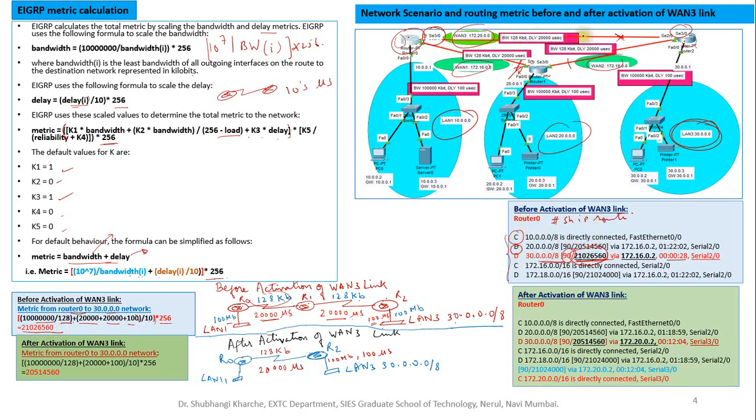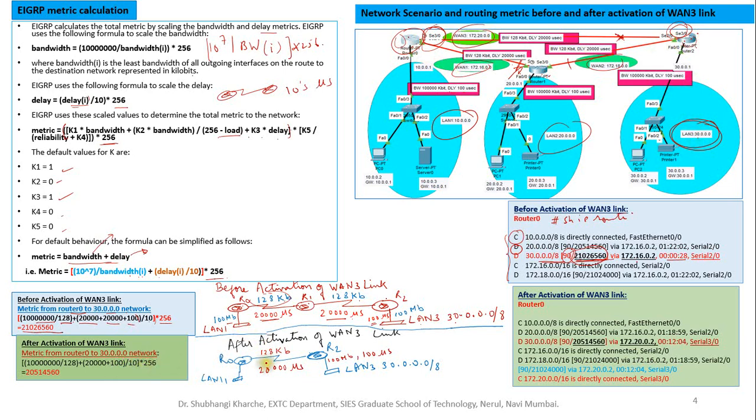Now when we activate this WAN 3 link by using the no shut command on the corresponding serial interfaces, serial 3/0 of both these routers, the EIGRP routers will change the route from R0, R1, R2 to the 30. network, to R0, R2 and the 30. network.